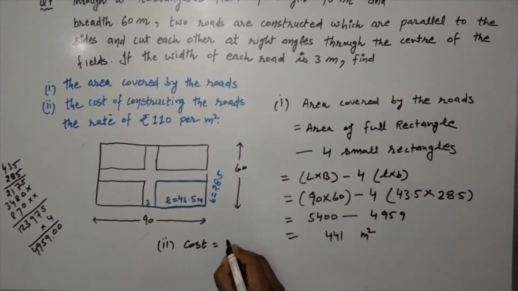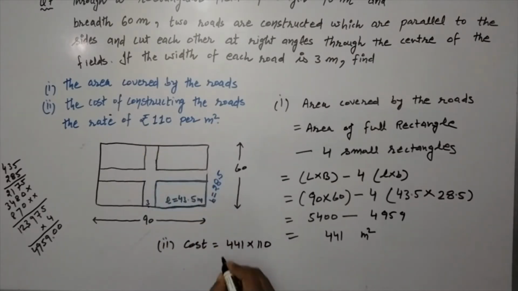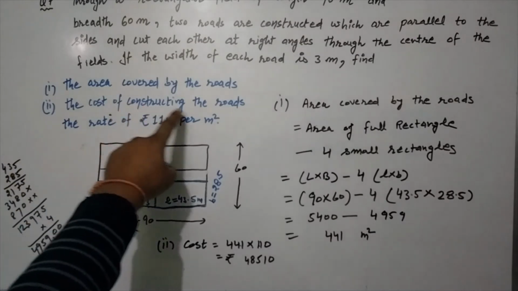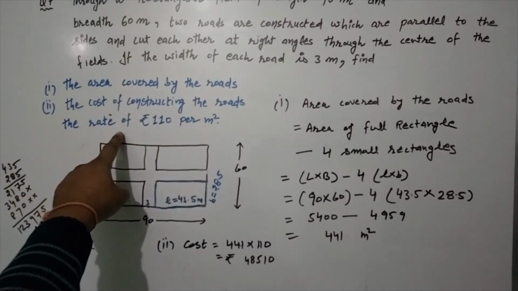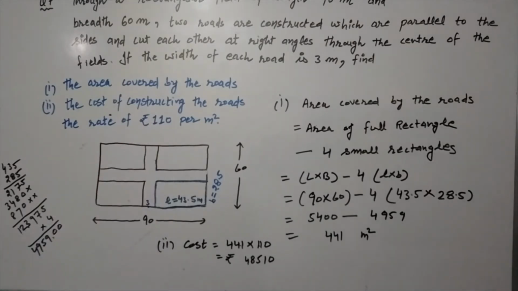Cost is equal to 441 into rupees 110. 11 ones are 11, 11 fours are 44, 44 plus 4 is 48. So 48,510. So this is the cost of constructing the roads at the rate of rupees 110 per meter square.